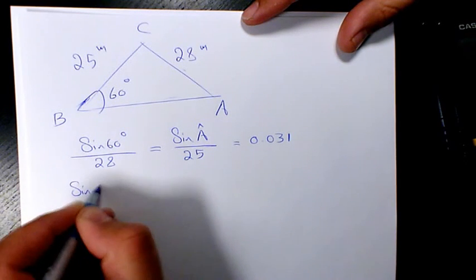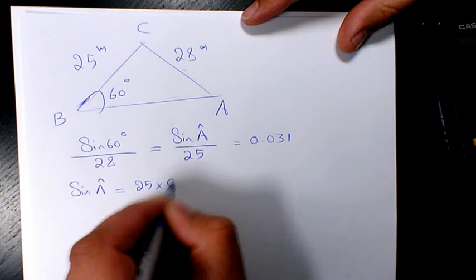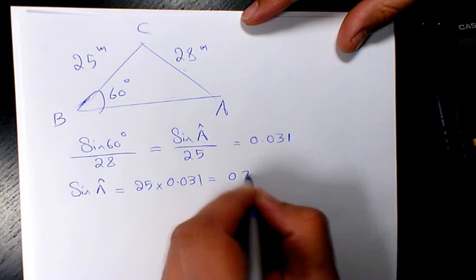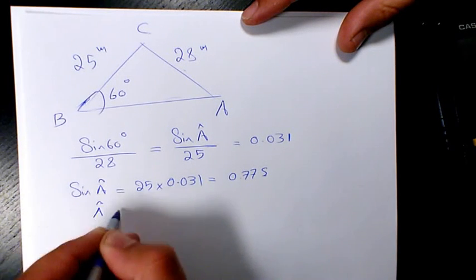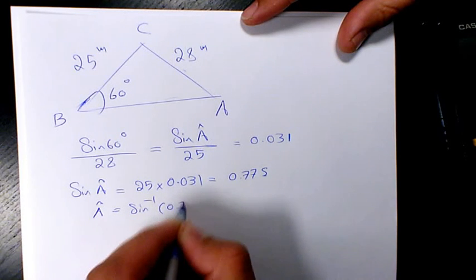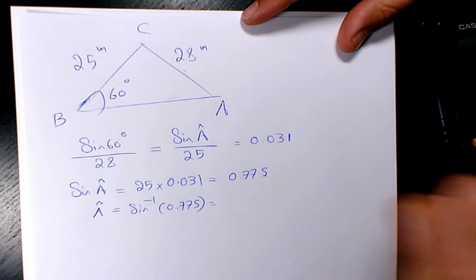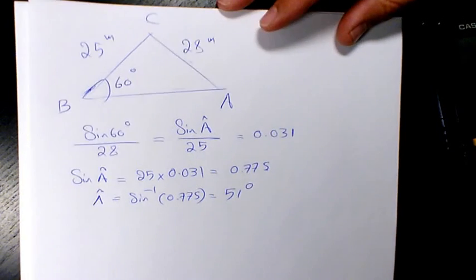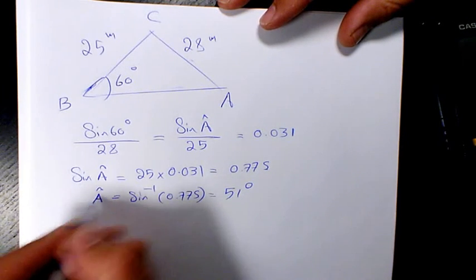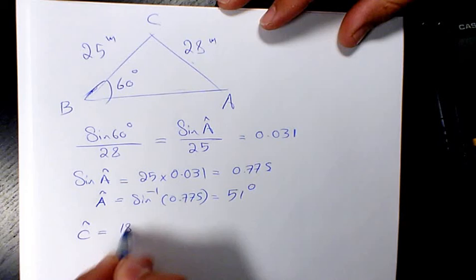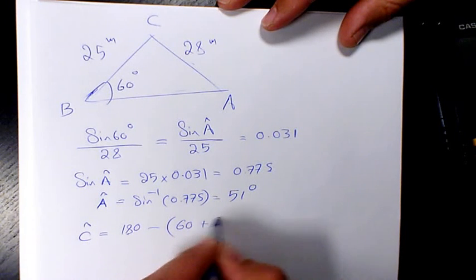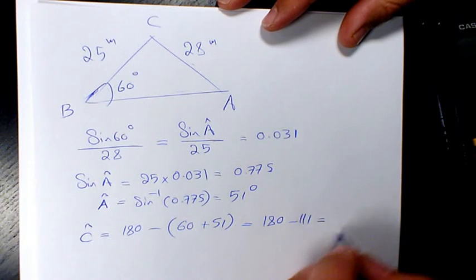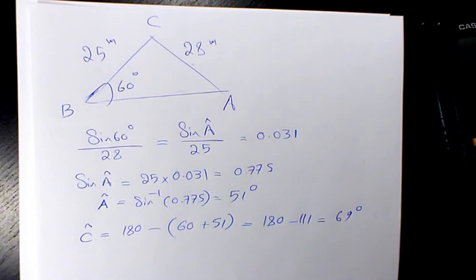So sine A is going to be 25 times 0.031. That's going to be 0.775. So A will be sine inverse 0.775. That's going to be 51 degrees. So the angle C is going to be 180 minus 60 plus 51. 180 minus 111 is going to be 69 degrees.